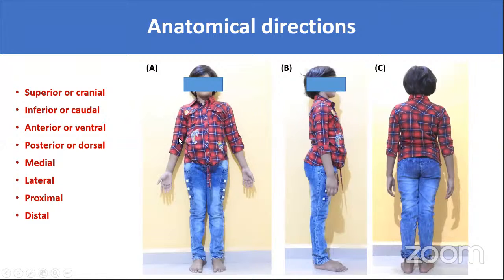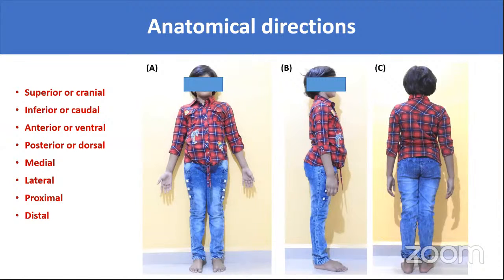So generally, the proximal part of the body is that part which is attached to another entity or which is near to the trunk region. Whereas the distal part is that part of the body which is away from the point of attachment or away from the trunk.